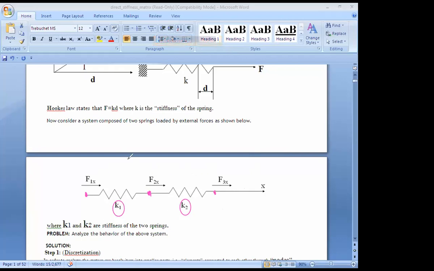The question is, what will be the corresponding displacements? So we want to come up with a relation between force and displacement. Given force and the spring constant, what will be the displacements in case you have a system composed of 2 springs?